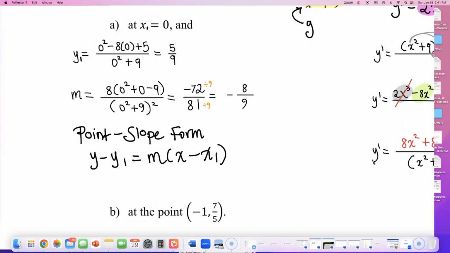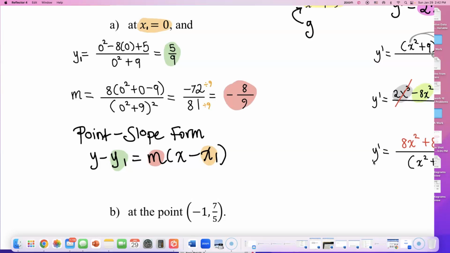So you're going to be plugging in this x1 of 0 into there, okay? And the y1 of 5 over 9 over there. And then the last one, the slope. We're going to plug in this slope of, what's the slope? Negative 8 over 9 into that place.